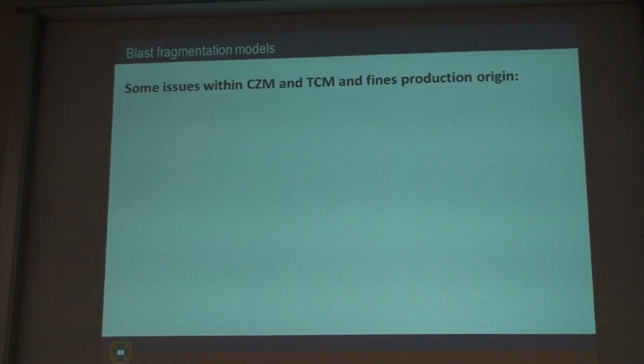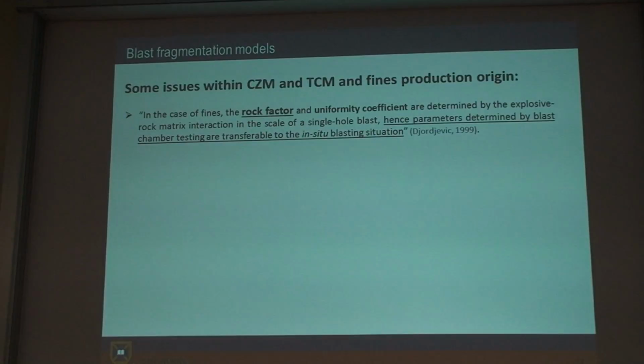And in terms of fines production origin, according to Djordjevic, in the case of fines, the rock factor and uniformity coefficient are determinable by the explosive-rock matrix interaction on the scale of a single-hole blast. Again, what is the meaning of rock factor for fines?